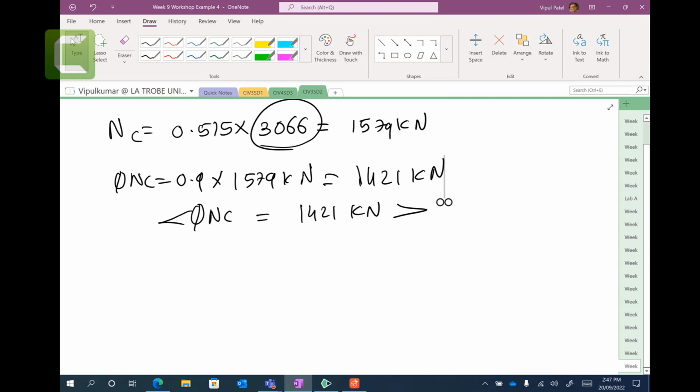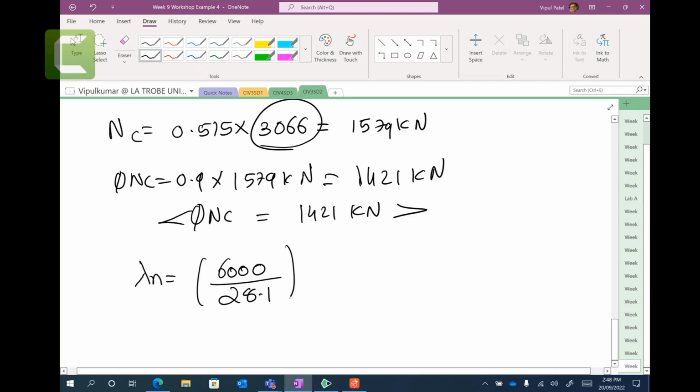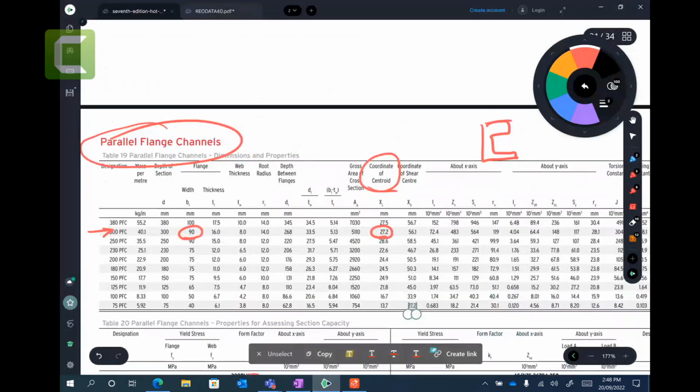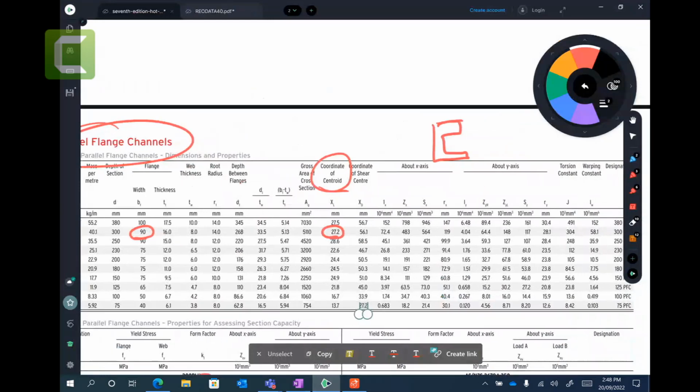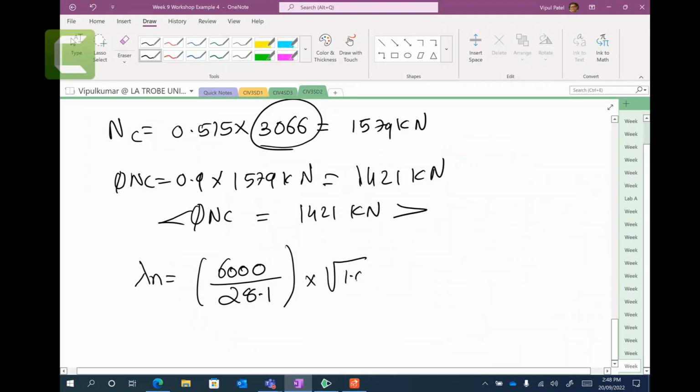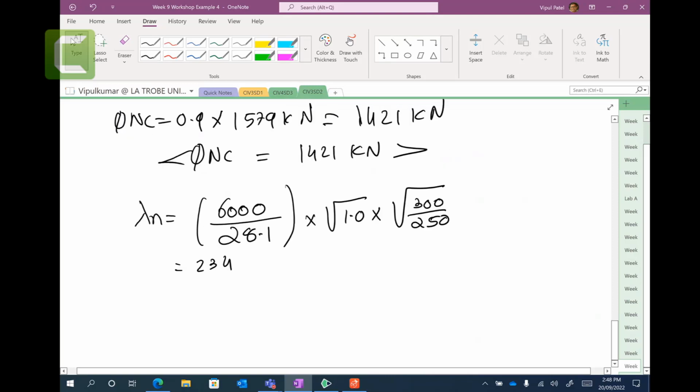Now for a single one, again lambda ny is the winner. Then you have 6000 and 28.1 Ry. I can show it to you. Ry is 28.1 times Kf is 1 times 300 on 250. You get 234, right? Look at this, 234, very high penalty.